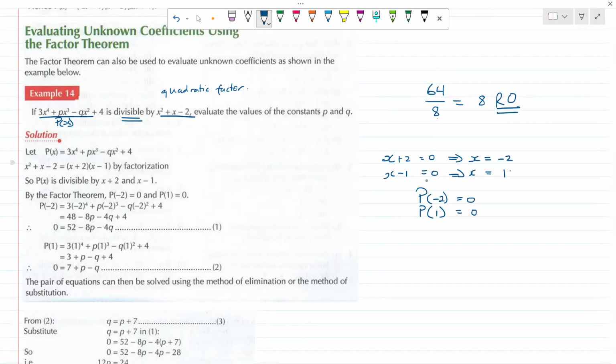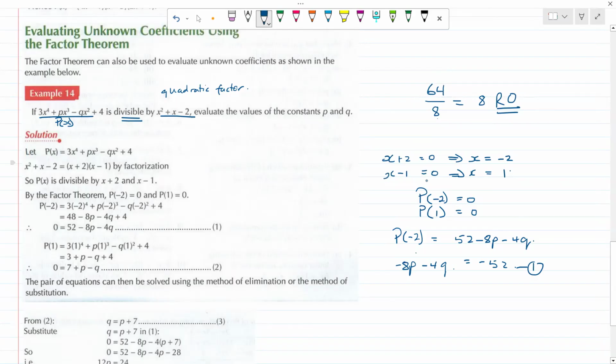Now, what we could do is sub these values in, as they did here. They worked out what p of negative 2 was, right? And that gave 52 minus 8p minus 4q. All of this should be equal to 0 because x plus 2 is a factor. Now we could rewrite this as two simultaneous equations, right? When we substitute 1 into this, we'll get 3 plus p minus q plus 4. All of that is equal to 0.